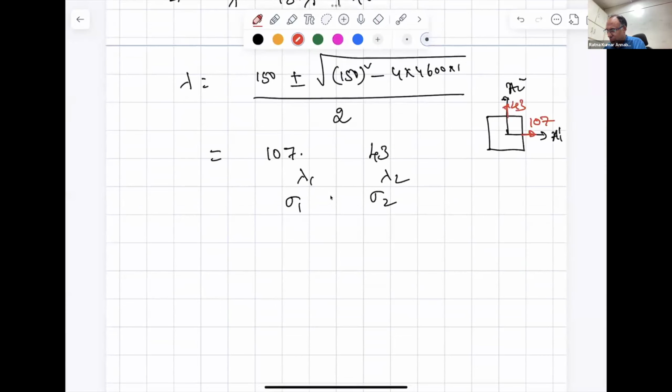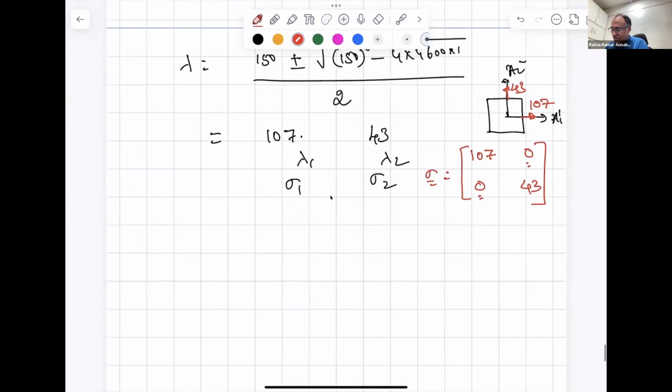There is no shear stress. That means in the principal frame of reference, sigma is 107, 0, 0, 43. Right? There are no shear stresses. That is the principal frame of reference.